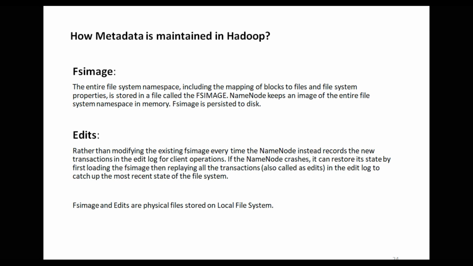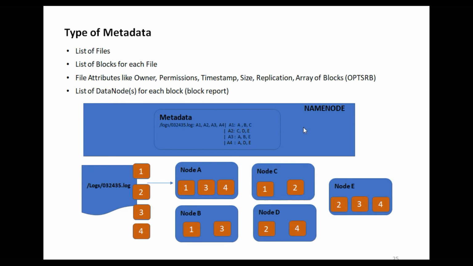Okay, let us see the types of metadata. What are the types of metadata? The list of files, the list of blocks for each file, file attributes like the owner of the file, permission, timestamp, size, replication, array of blocks, and also the list of data nodes for each block report.